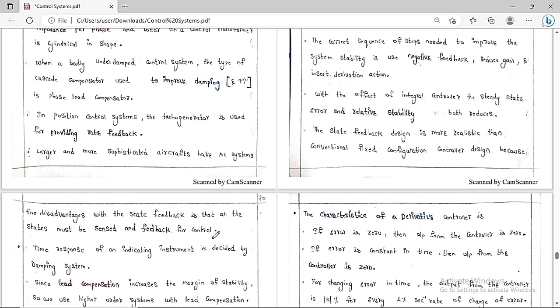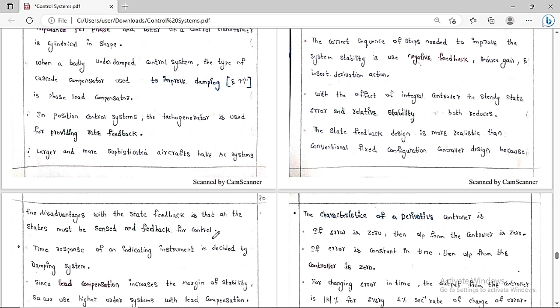So we can say the state feedback design is more realistic than the conventional fixed configuration control design because the disadvantage of the state feedback is that all the states must be sensed and fed back for the control. In simple words, there are two methods in order to design the controller. One is the state feedback design and the other is the conventional fixed configuration.